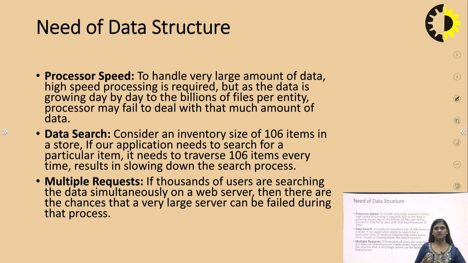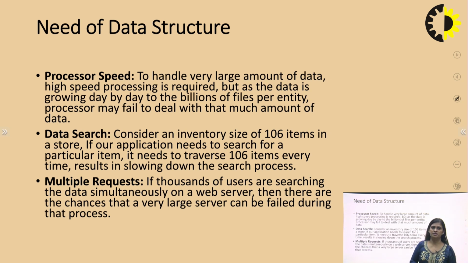Second one is data search. Searching for a particular or specific piece of data from a large amount of data is very necessary for the researcher or worker who wants to work in this field.